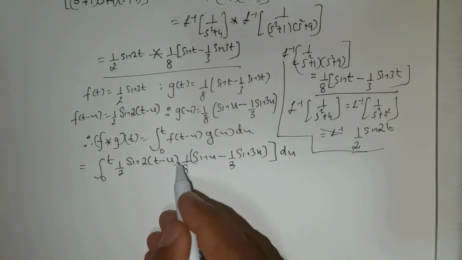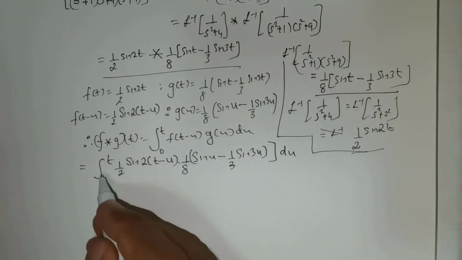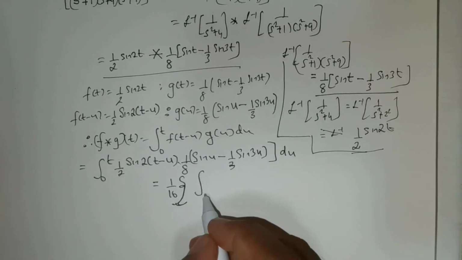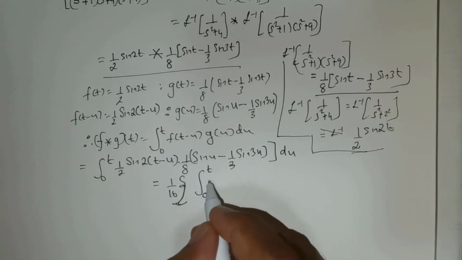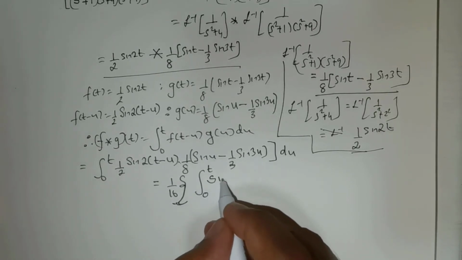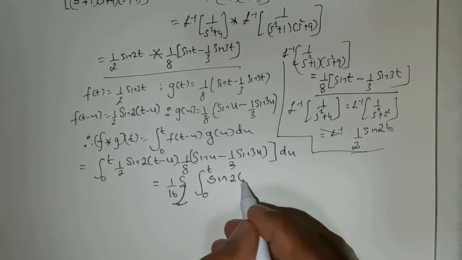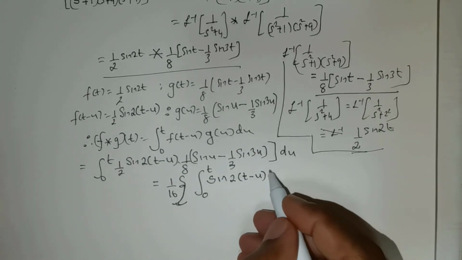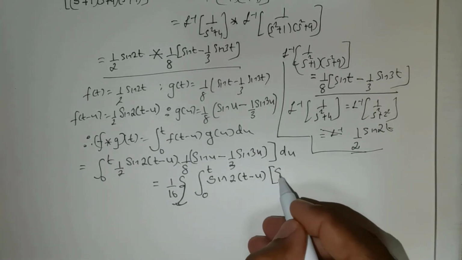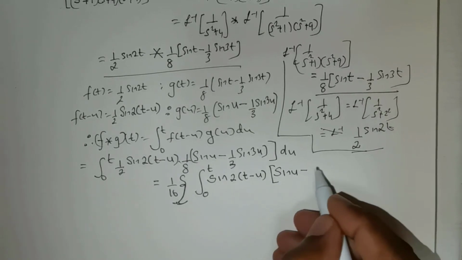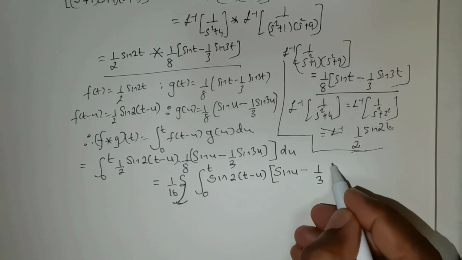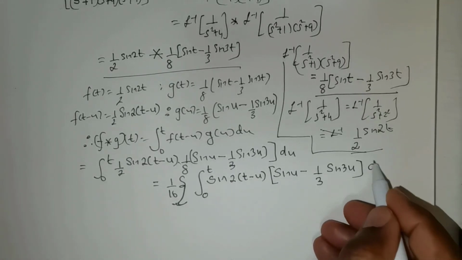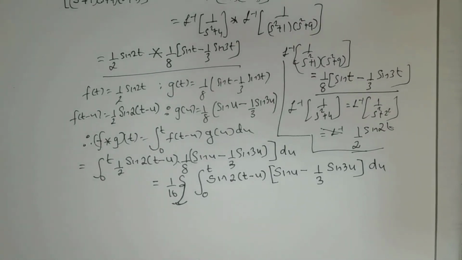So what we can do is take 1 over 8 and 1 over 2 out, so that's going to be 1 over 16 times the integral from 0 to t of sine of 2(t minus u), multiplied with sine u minus 1 over 3 times sine of 3u. So this is what we have got.